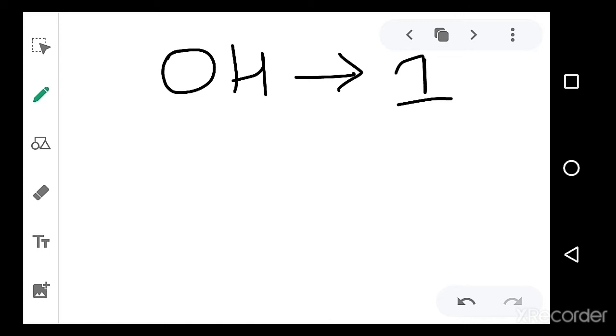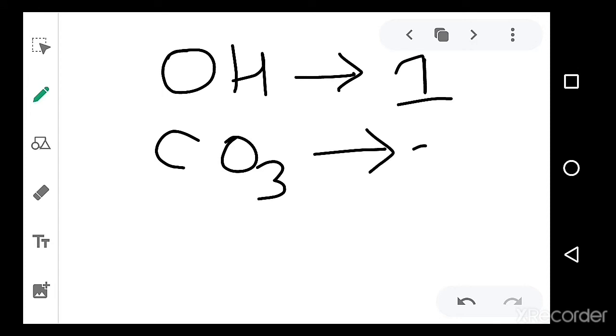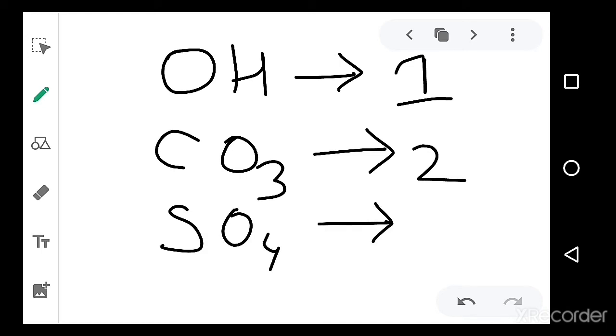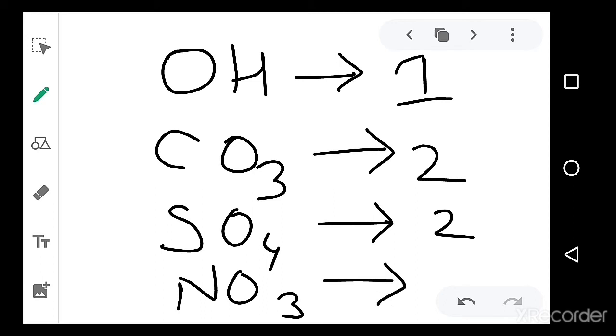Then carbonate, CO3, its valency is 2. Then sulfate, SO4, its valency is 2. And nitrate, NO3, valency is 1.